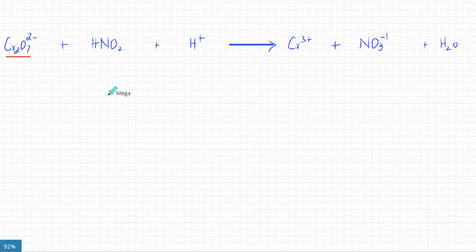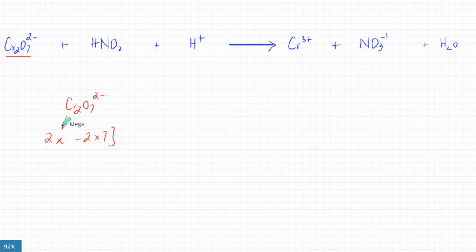So we're going to start with the Cr2O7 2-. Now I know that oxygen is -2 according to the table. For chromium, I have no idea what chromium is, so I'm going to take chromium as X. And there are 2 of them, so that's 2X. Oxygen is -2 according to table, so -2 times 7.